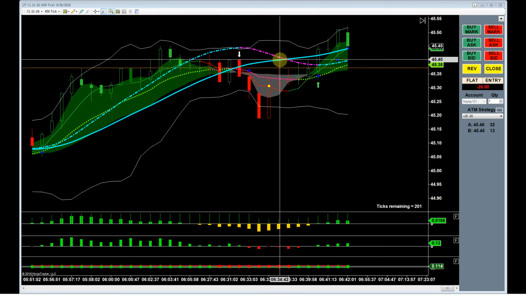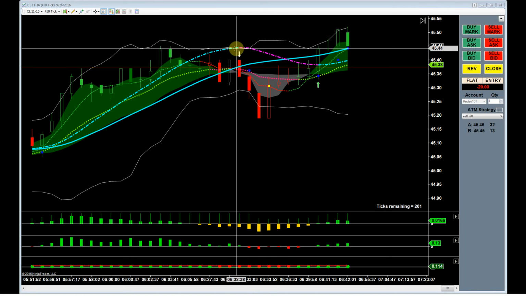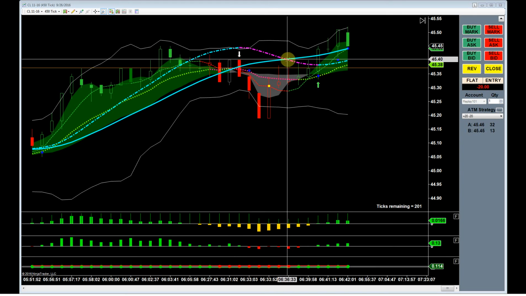And when I put the cursor up here, right as they're crossing over, you can see that it's not flat. Flat is flat. If I put it up here on this dynamic trend band number 1, that's a flat trend band. If I put it right here, you can see by looking off to the right, there's still space in between it. Mini little thin slice of pizza there, as I call it.